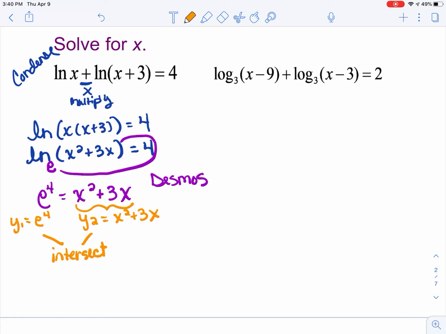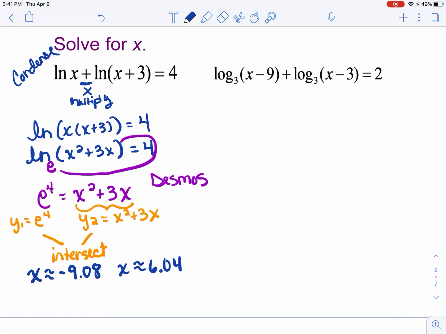It could intersect in one position. It could intersect in two positions. This one does intersect in two. So I get x is approximately negative 9.08 and x is approximately 6.04.